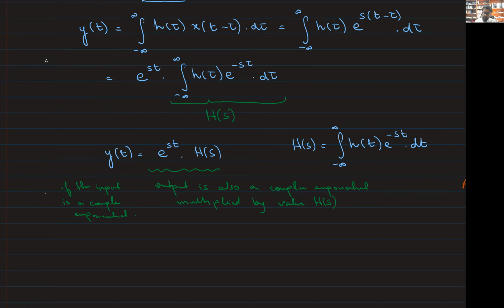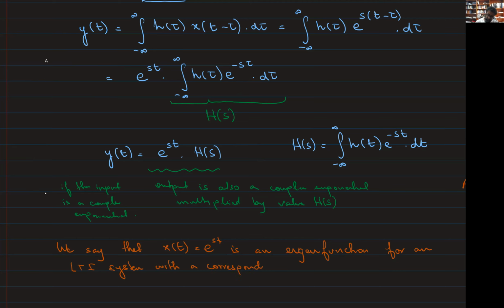And that constant, going by the same analogy as with linear algebra, we say therefore that the complex exponential x of t equals e raised to power st is an eigen, we don't say eigenvector, but rather eigenfunction for an LTI system, with corresponding eigenvalue h of s. So these are the terms that we define.